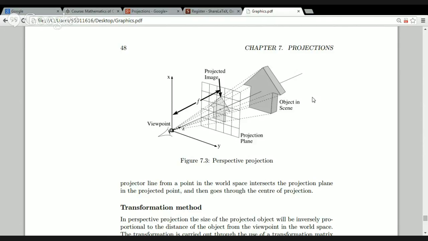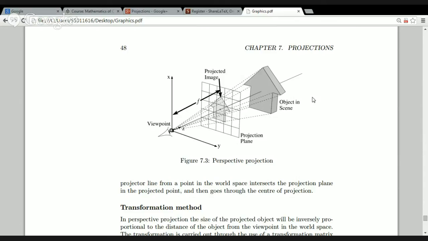So what we're going to do is track these lines and just record where they intersect the projection plane. And where they intersect the projection plane, that's the projected point I'm going to record, and that's the one that's going to be transferred onto the computer screen. Okay? So all the vertices in the world, their projector lines are all heading to the origin. They're all the straight lines from the points to the origin.